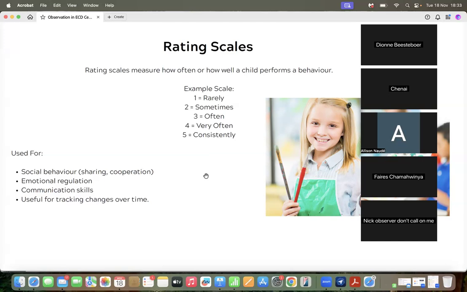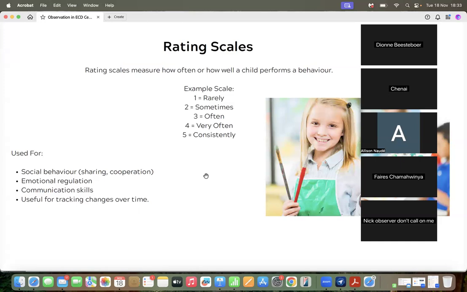Then you can track it over a couple of months to see if it's improving or if it's still the same. This actually helps to keep track, especially when you've got a big class of, let's say, 28 or 29 kids. Then you're using numbers instead of having pages and pages of words.